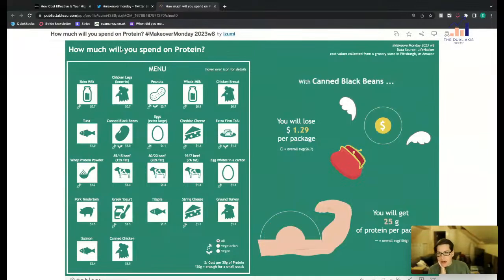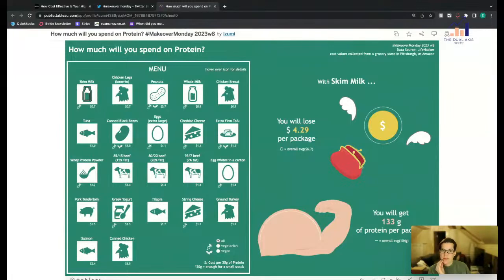But how much will I spend on protein? So skim milk, it has a carrot for vegetarian, and it says $0.7. Is that for a carton of milk, or is it for the protein? Okay, so with skim milk you will spend $4.